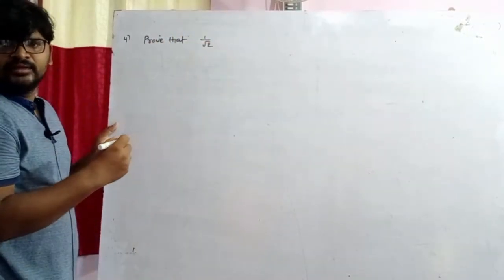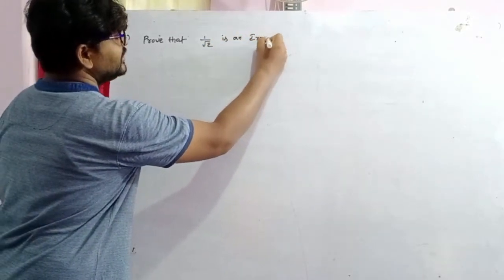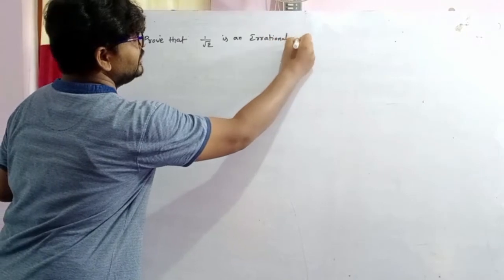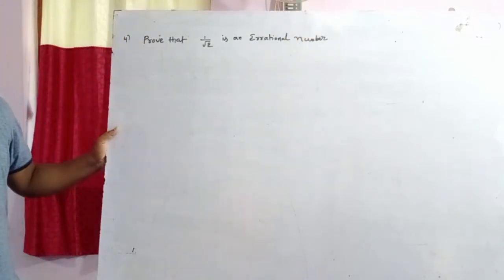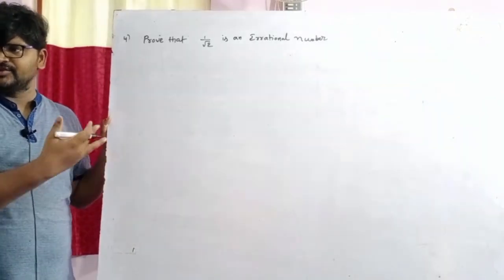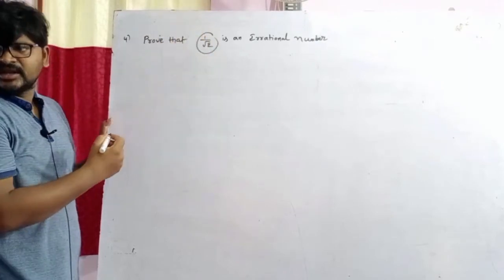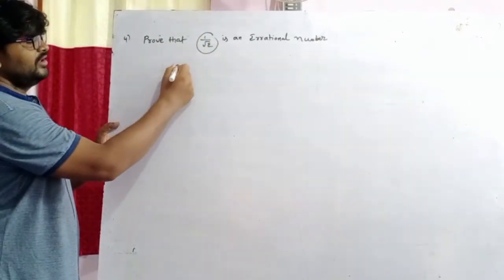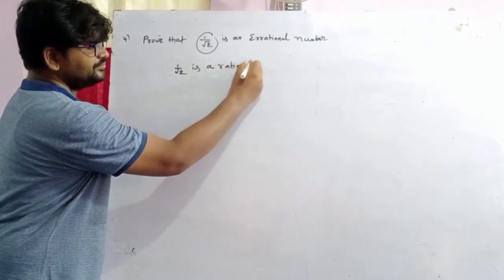Prove that 1 by root 2 is an irrational number. Same process. Let us assume to the contrary that 1 by root 2 is rational.